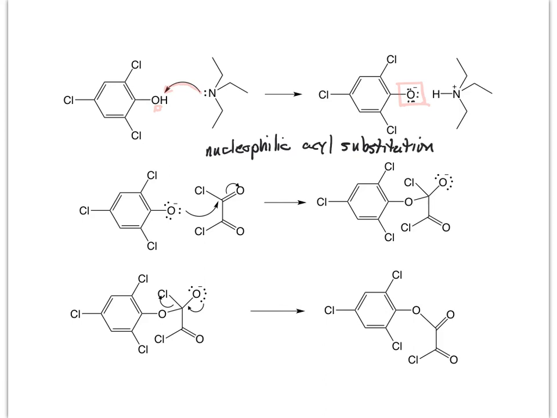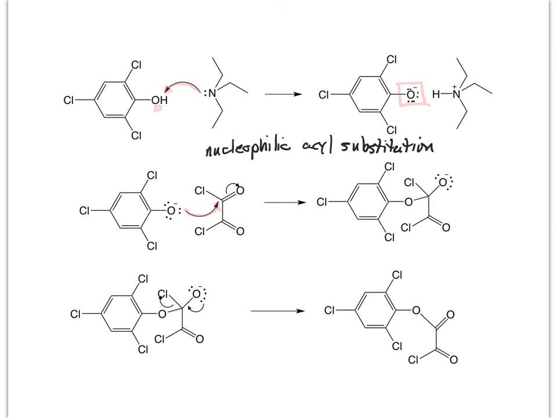Nucleophilic acyl substitutions are very common reactions, and they are important in biochemical processes. A nucleophilic acyl substitution occurs in two steps. The nucleophile attacks the carbon of the carbonyl of the acid chloride in this case.